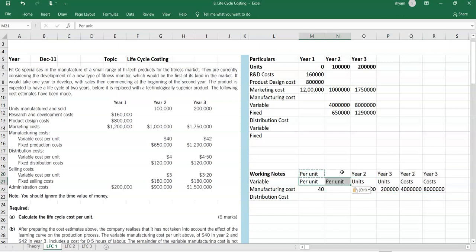I thought that the per unit would be the same amount, but it's a different amount. So it was 42 in the first year, 40 in the second year, and 42 in the third year. So our year 3 cost would be 42 into 4 lakhs.